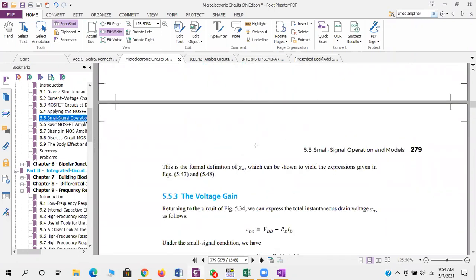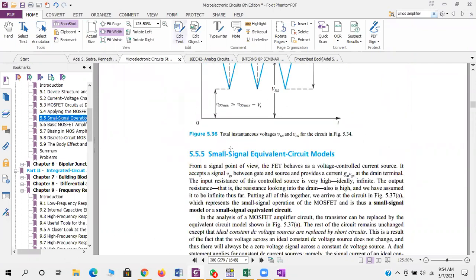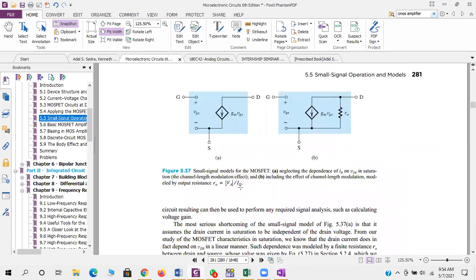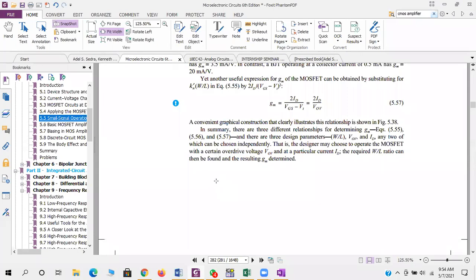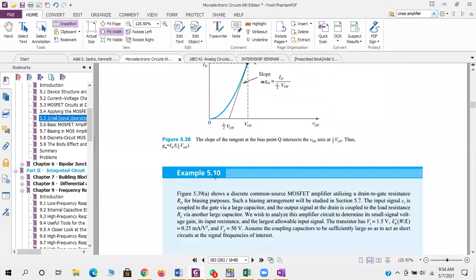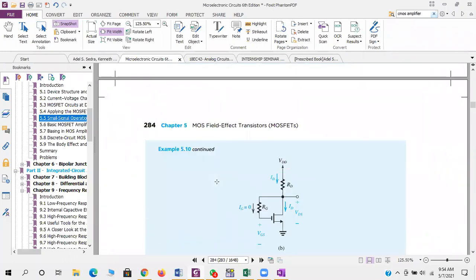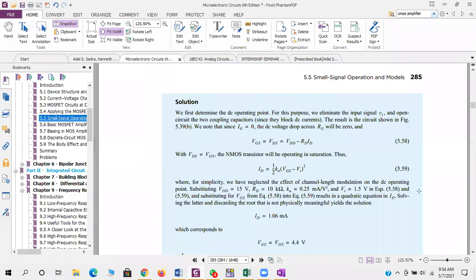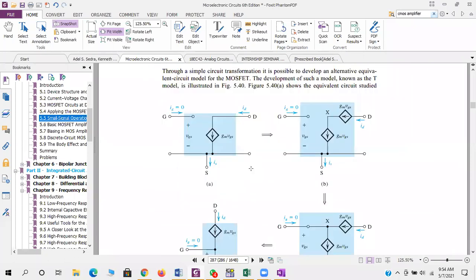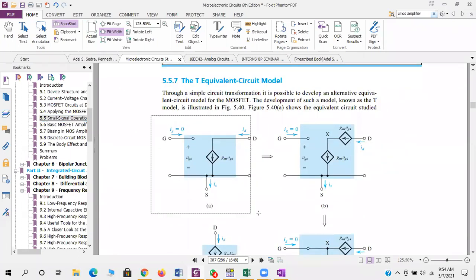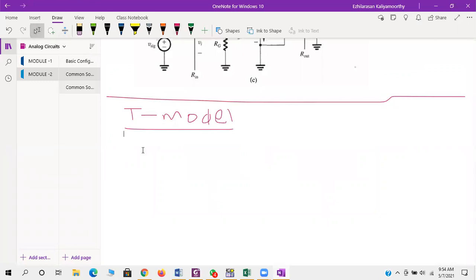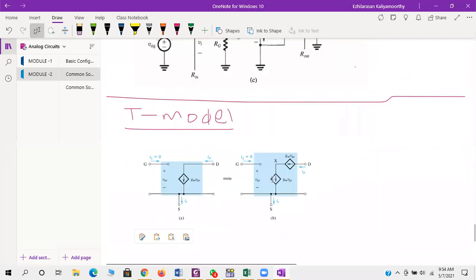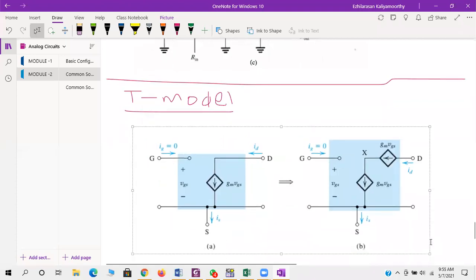Let me draw the diagram, or just take the diagram of a T model. See, it is still not completed.